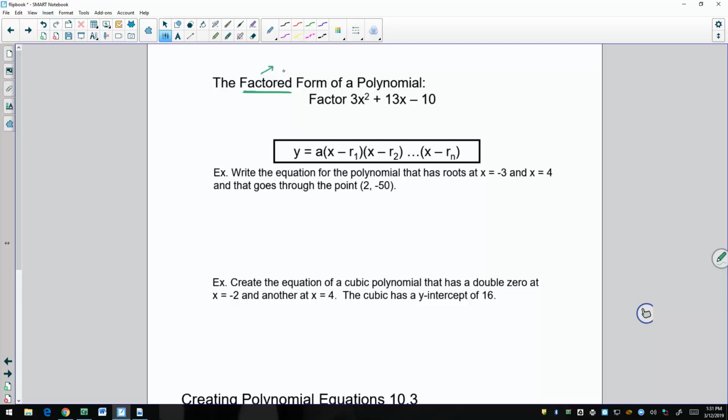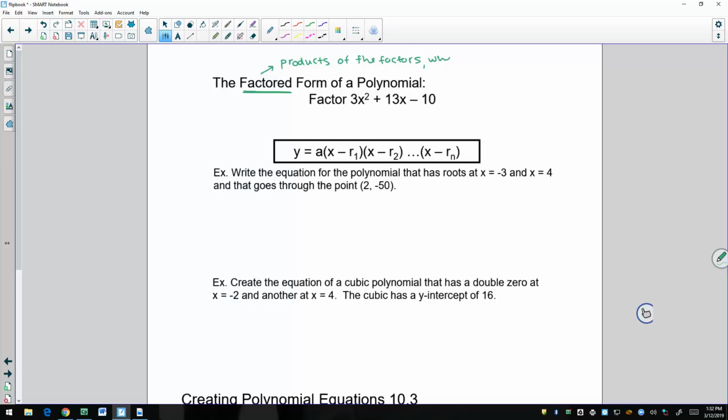If it does, that means it can be factored further. So factored form is written as the products. It could only be one product, but it's usually more than one.